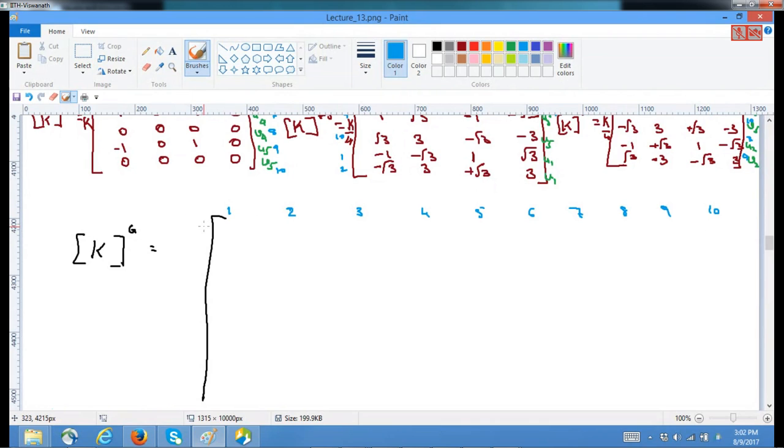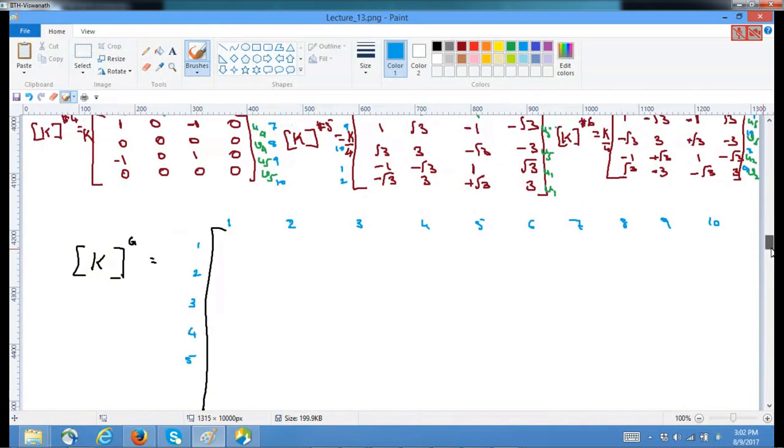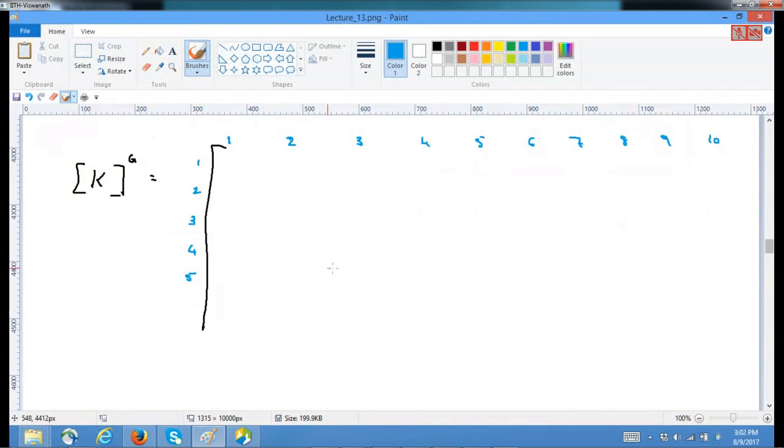Let me write it a little spaciously. Similarly, it is the first entry, second entry, third degree of freedom entries, fourth, fifth, sixth, seventh, 8, 9, and 10.